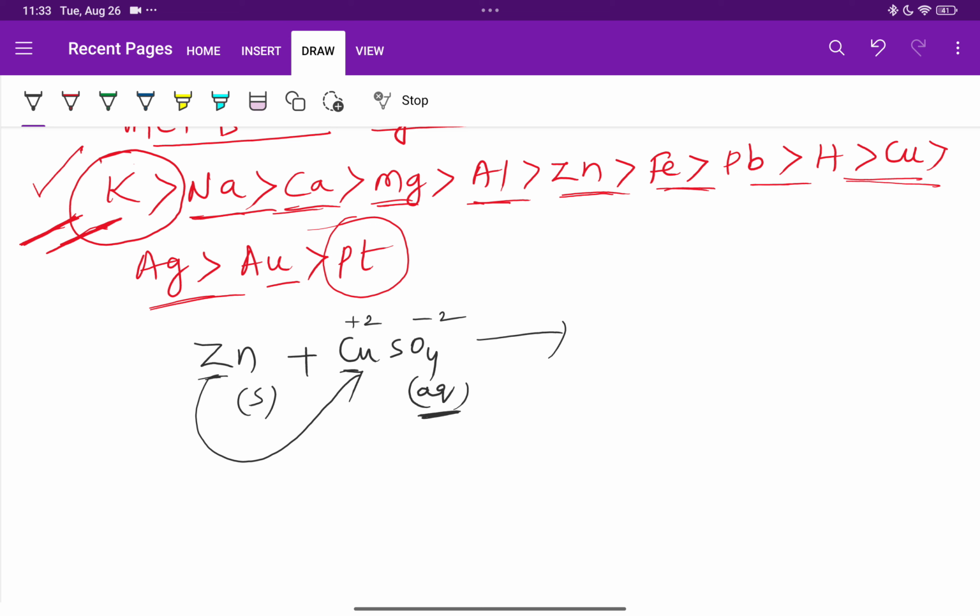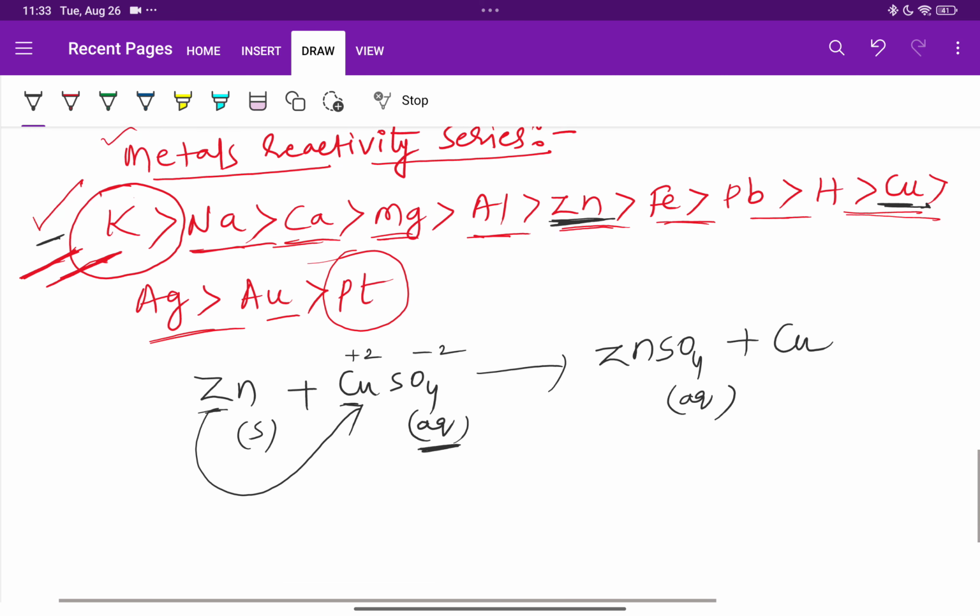Here the reactivity series order is there. In this order, zinc is coming first before copper. That is why zinc is more reactive than copper. It displaces copper from copper sulfate. Then you will get zinc sulfate aqueous solution and copper is going out. So this reaction is called displacement reaction or single decomposition reaction.